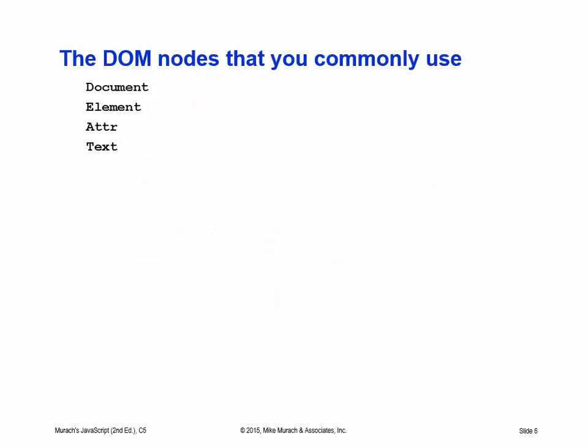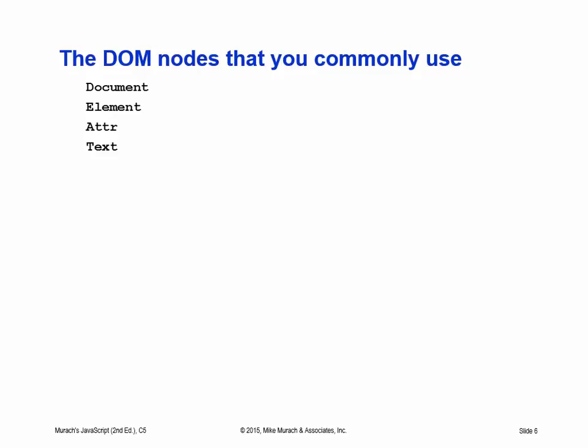Some of the DOM nodes that you'll use most often: the document node, which is the root node of the DOM. It can have only one element as a child node. The element, which is an element on a web page. An element can have text, another element, and comment nodes as child nodes.